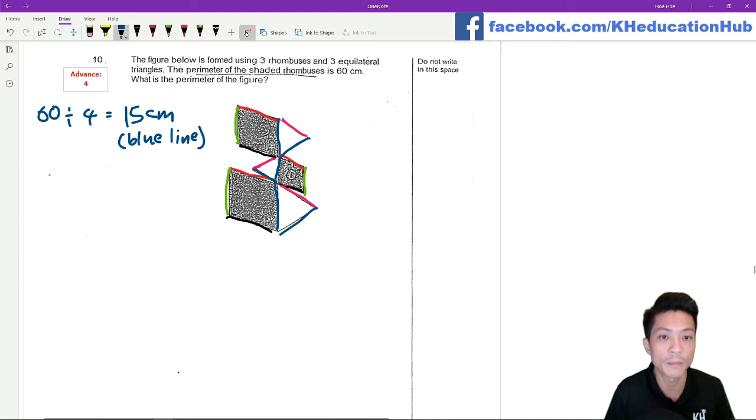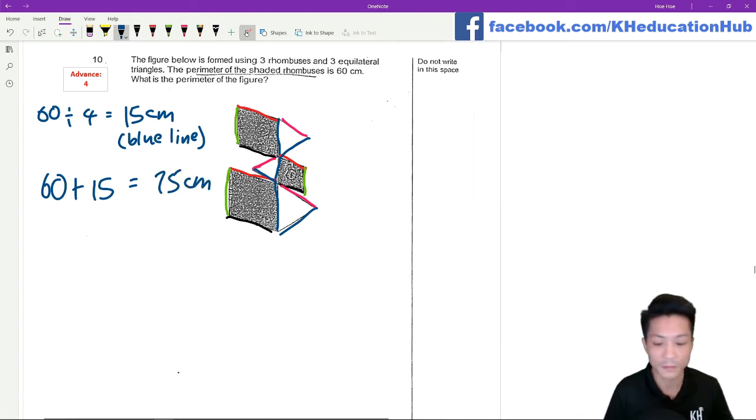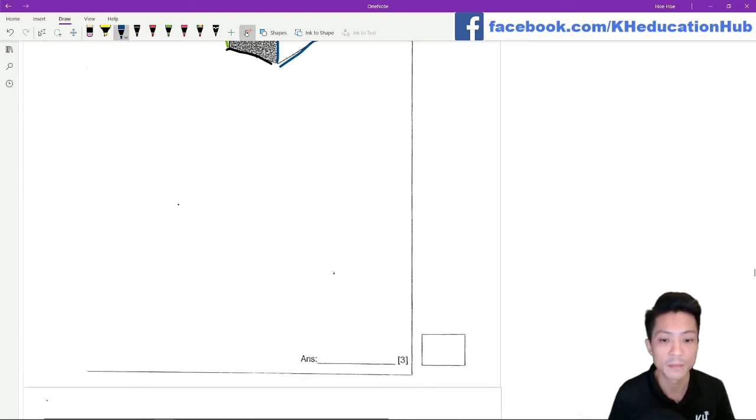Okay, which means that the perimeter of the figure is basically 60, which is the perimeter of the shaded part, plus another 15. And that will be equal to 75 cm. The answer for question 10 will be 75 cm.